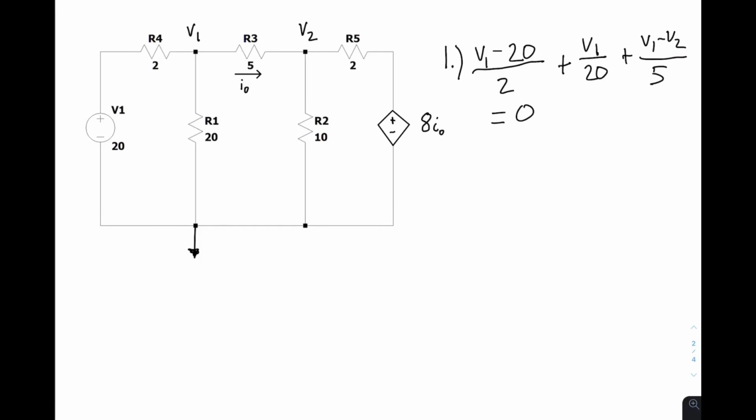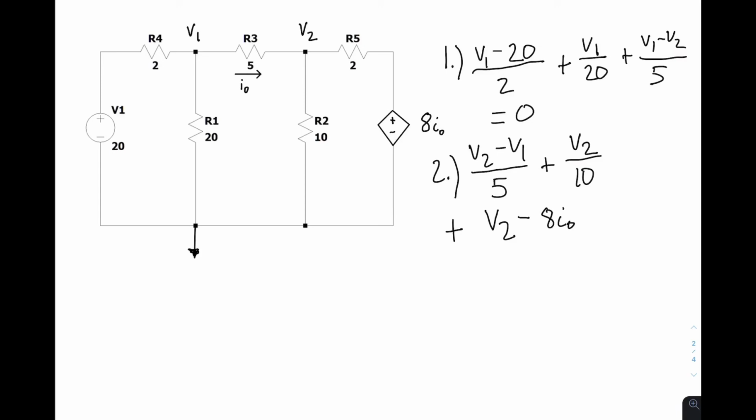And then our second equation is going to be V2 minus V1 over 5 plus V2 over 10 plus, now we have our dependent source, which is V2 minus, so as you can see here, 8I naught is actually just a voltage, so we're going to have minus 8I naught over 5, is going to be equal to 0.